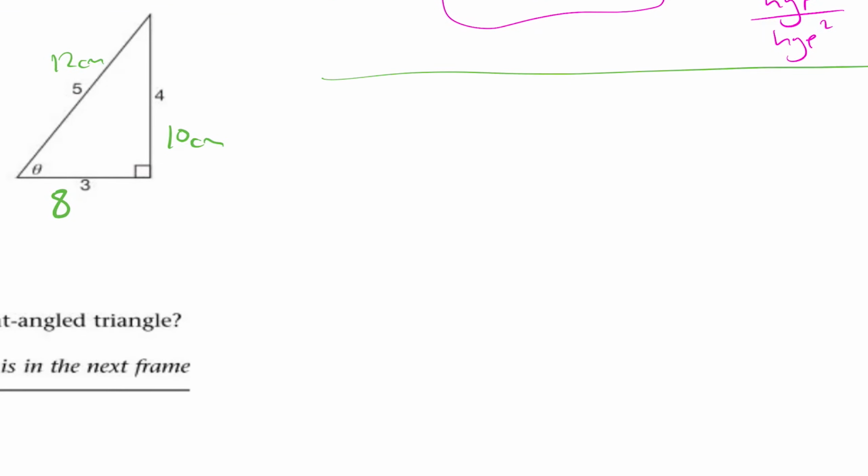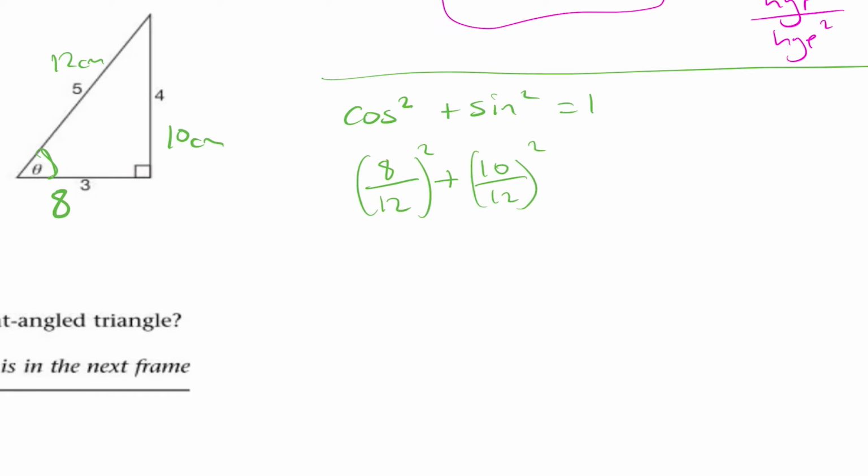Cosine is 8 over 12, because it's the adjacent over the hypotenuse, and we're going to square that. Sine is 10 over 12, and we're going to square that too. That's going to be equal to 1. We're checking if this side is equal to 1. If it is equal to 1, then it is a right angle triangle. If it isn't equal to 1, then it isn't a right angle triangle.